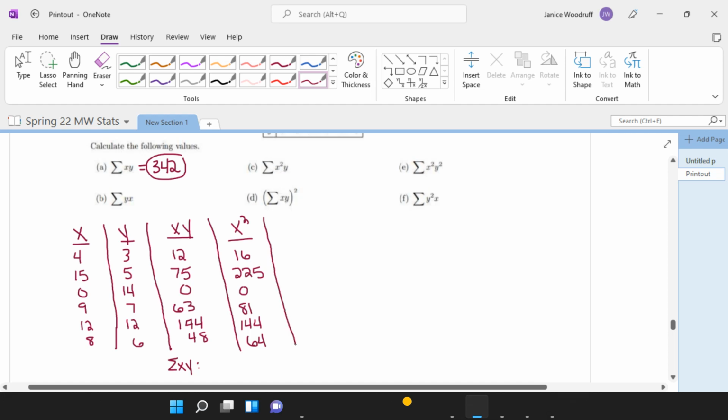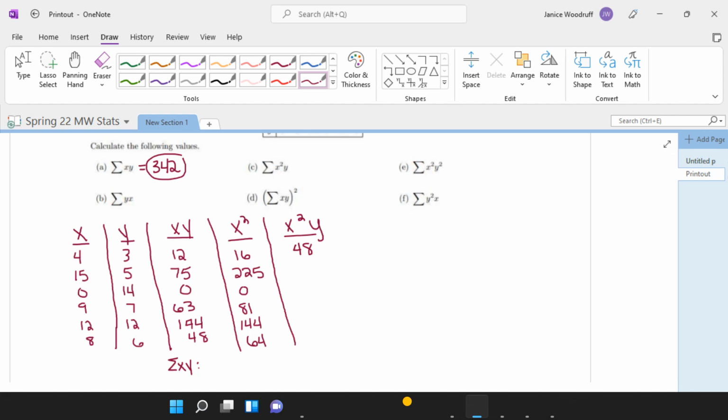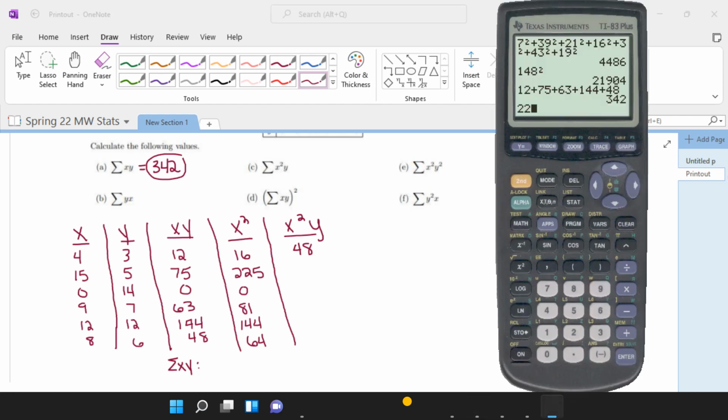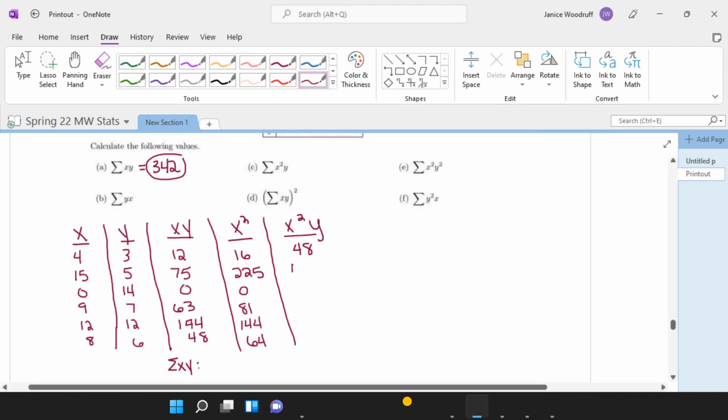Then x squared times y. So then you're doing this column here, x squared, times y. So this is 16 times 3, so 48. Then 225 times 5, which I don't know off the top of my head. $1,125. Then 0 times 14, which is 0.